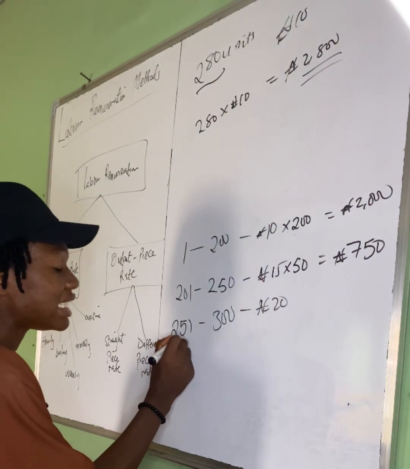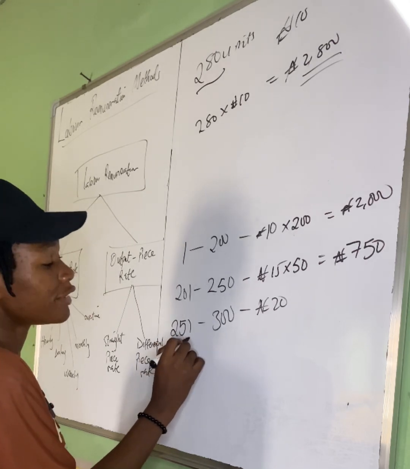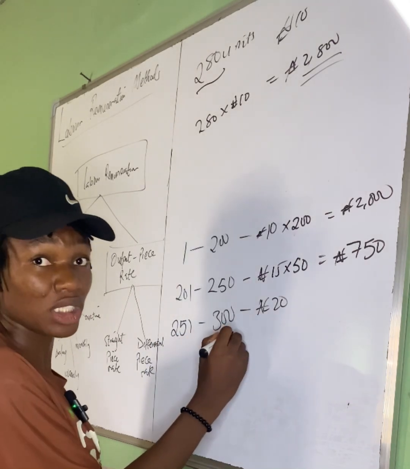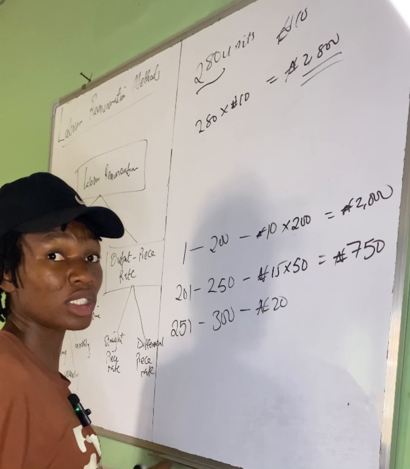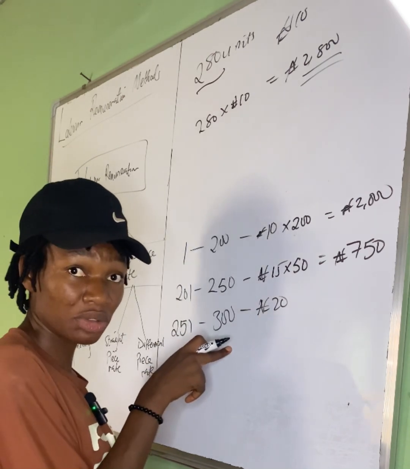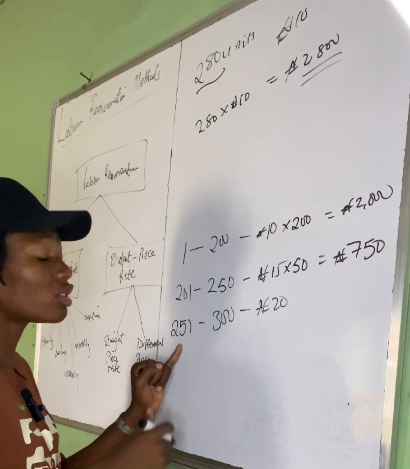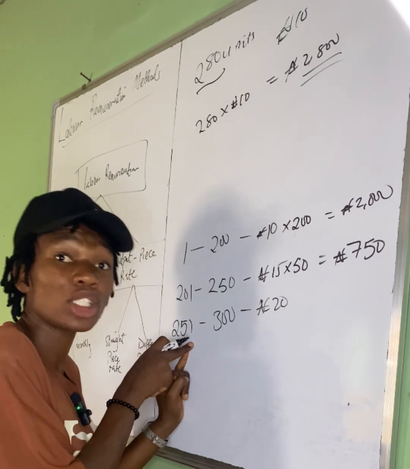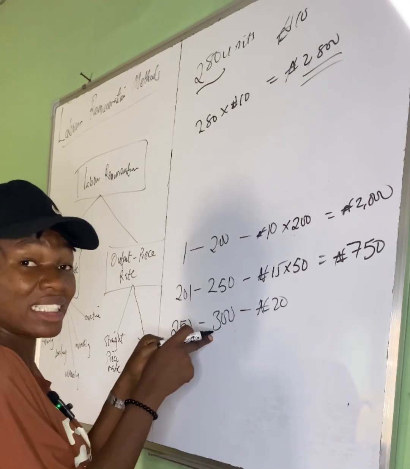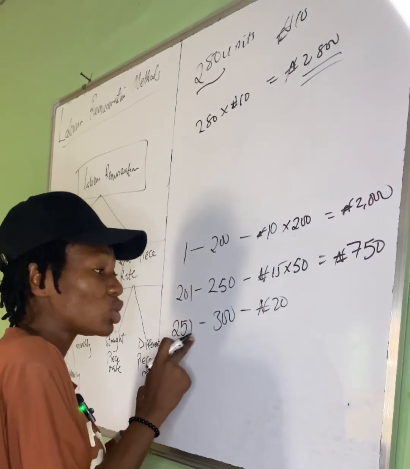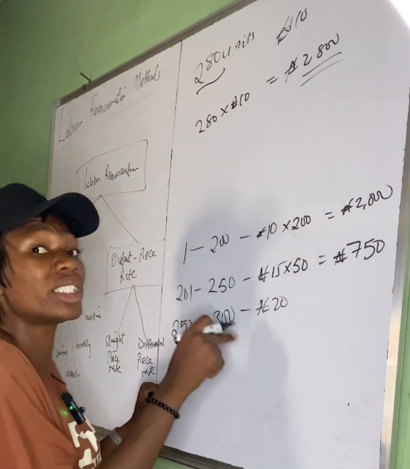Now this interval is from 251 to 300 units. But this person did not reach 300. He only reached 280. He stopped at 280. So we're going to count from 251 to 280, because he did not produce up to 300.